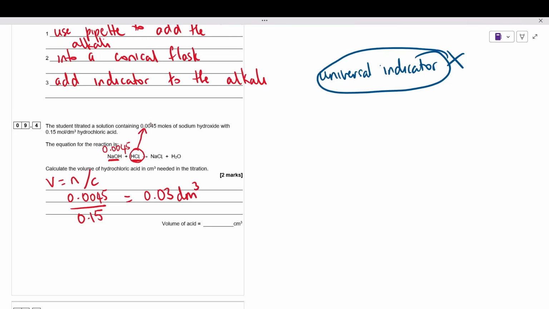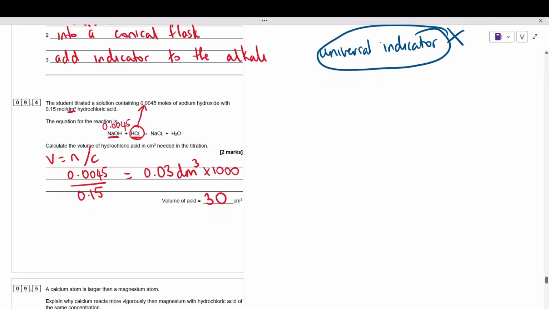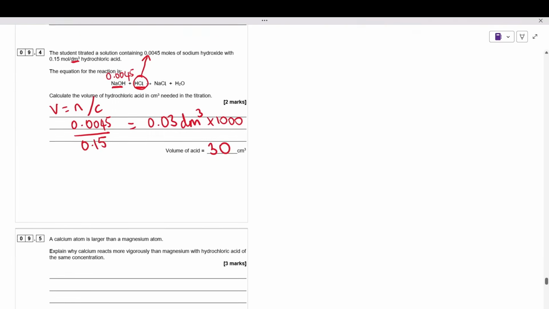Remember, based on the unit, moles will cancel out, but the final answer will be in dm cube. Now we need to convert here from dm cube to centimeters cubed, and that's when you multiply by 1,000. Multiply by 1,000, and that will give you 30 centimeters cubed. Okay, so that's going to be our answer for that one.